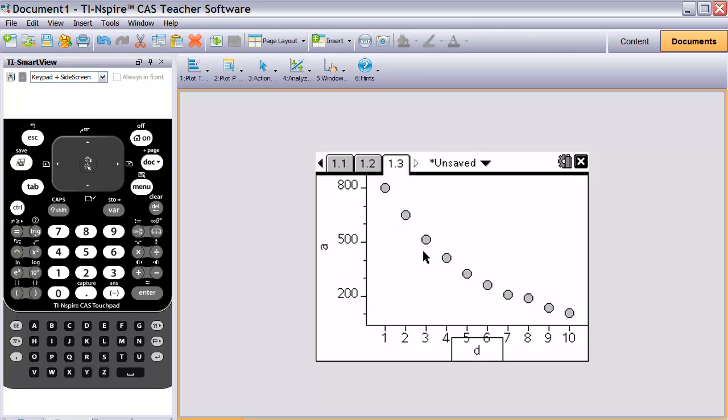Now this is where we can look at our scatter plot, and we can see, is this modeling an exponential function? It certainly appears to be doing that. Okay, so since it appears to be modeling an exponential equation, we want to see if we can get that regression.